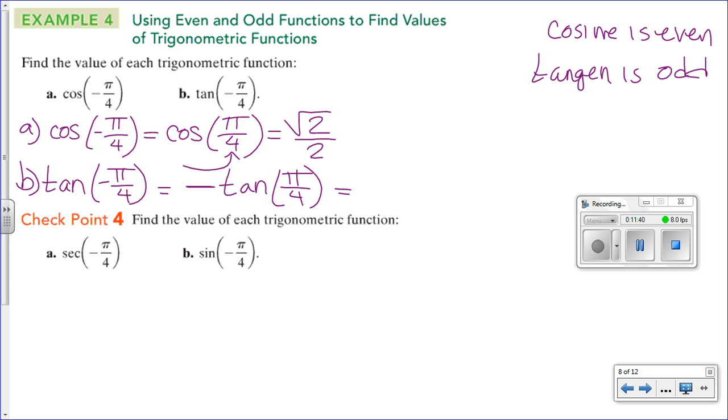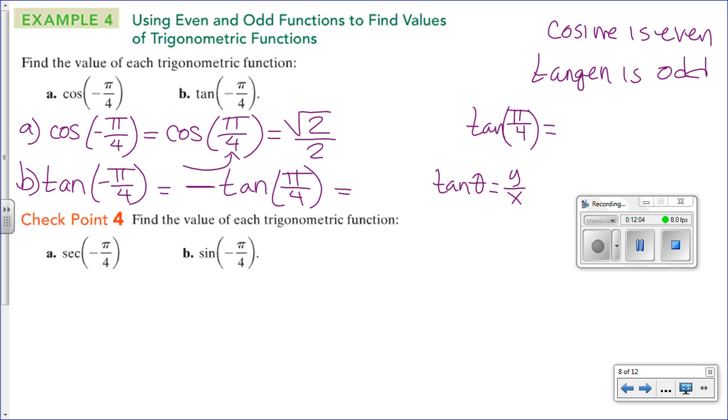So do you guys remember what is the tangent at pi over 4? Let's find it. Okay, so Samantha, tangent is defined as the ratio between the y and the x so far. In a minute, you're going to see another ratio.